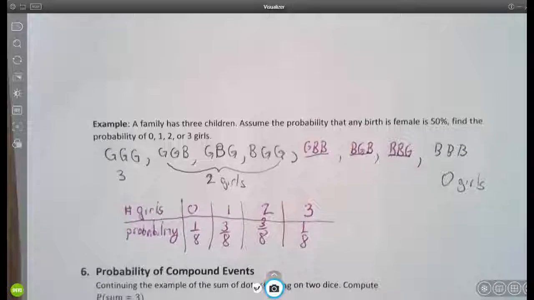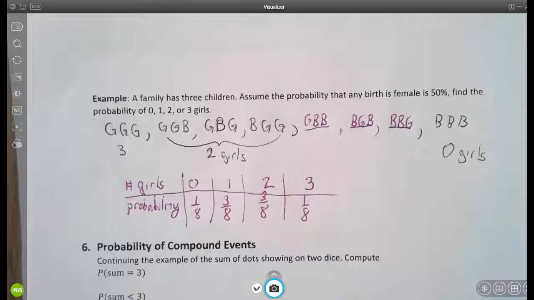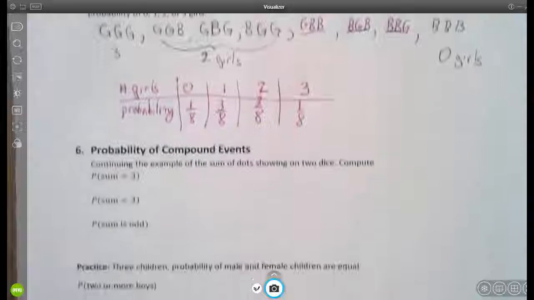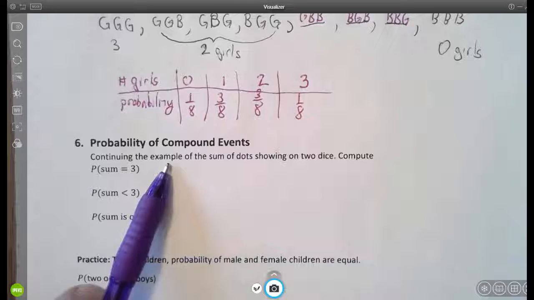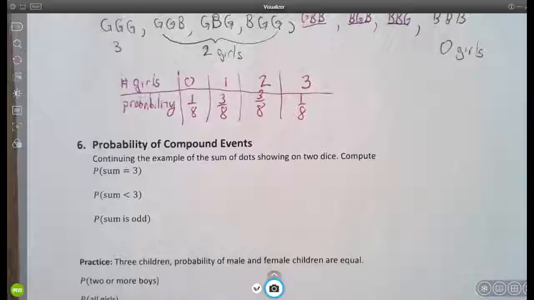Now let's take a look at some of our previous distributions and go back and use them to compute some probabilities of compound events. So I want to go back right now to be thinking about the example of the sum of dots on a pair of dice.